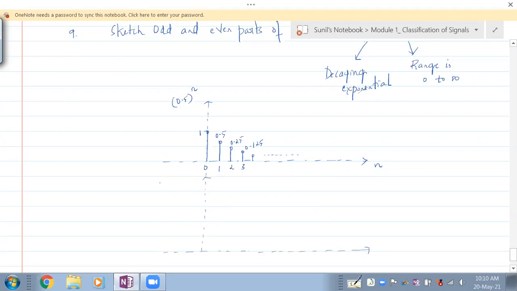So I'm planning to have 8 into 0.5 to the power n into u of n, because it says 0 to infinity. On this side also you have the components, mind you, but on this side I'm not interested.